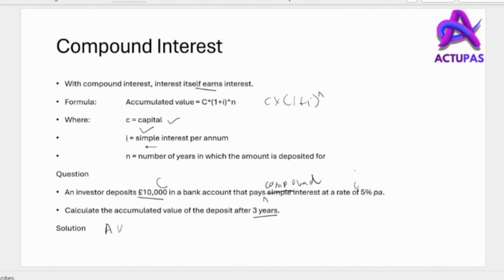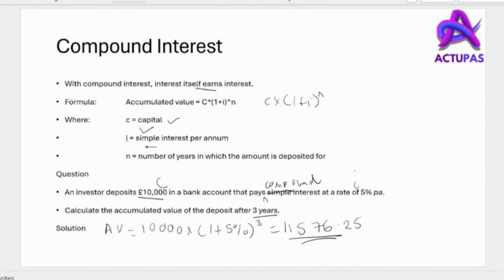The accumulated value then becomes C, 10,000, times 1 plus i, which is 5%, to the power 3, which is n. Using your calculator, we can see that this is 11,576.25.